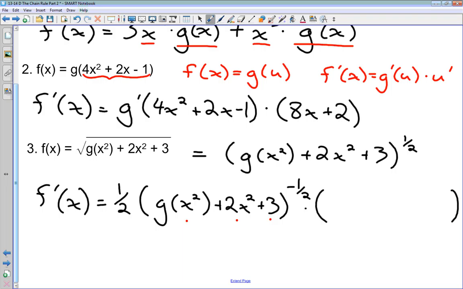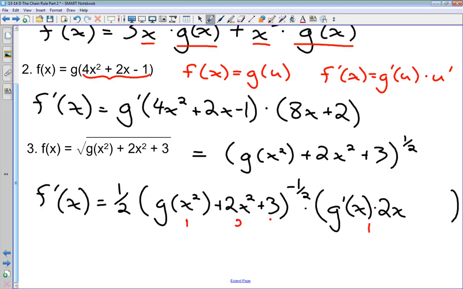It's made up of the function g with x squared subbed inside. So we've got to use the chain rule. The derivative of the outer function is g prime, evaluated at the inner, times the derivative of that inner function, 2x. So that's the derivative of our first term.